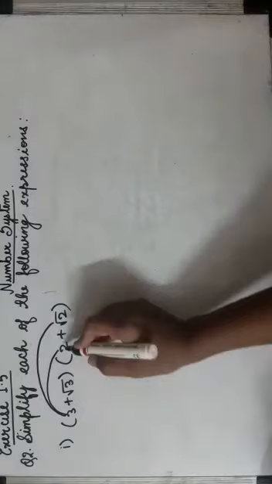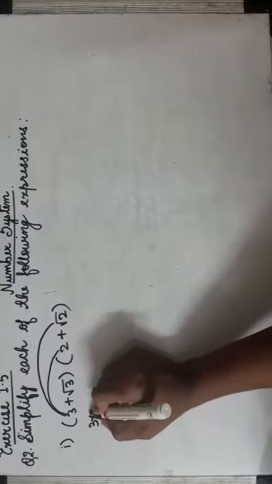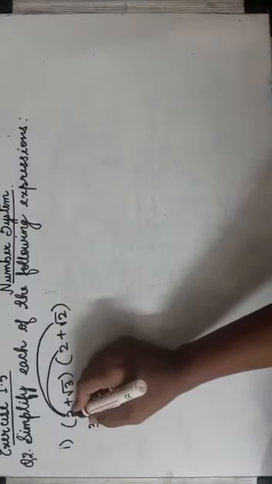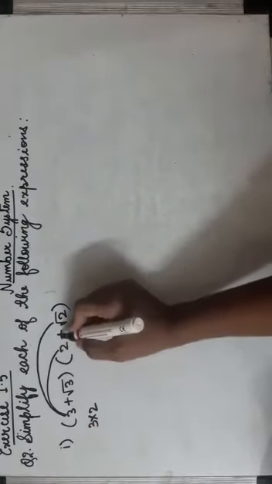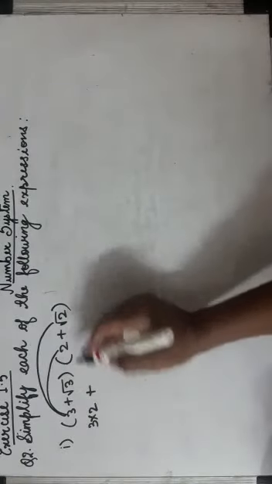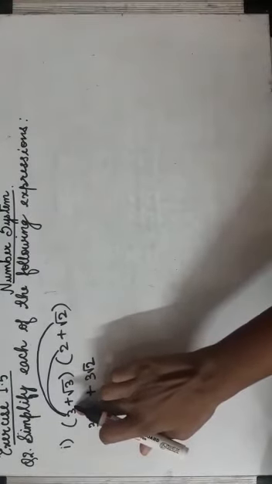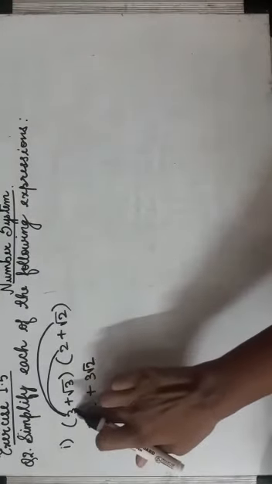Clear? So 3 into 2, then multiply with the second term, addition is there in between, so add 3 into root 2, which will be 3 root 2. Now you have multiplied this bracket with the first term.